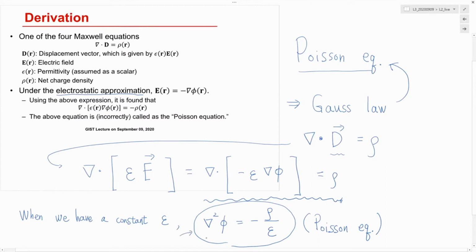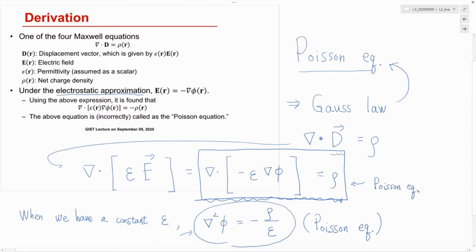But later, they introduced silicon and silicon dioxide or other different dielectric materials. Then we cannot make the final simplification. This is not allowed in our general case. Then actually we have to solve this form. This form is not in the form of a Poisson equation, but for such a historical reason, we still call it the Poisson equation.